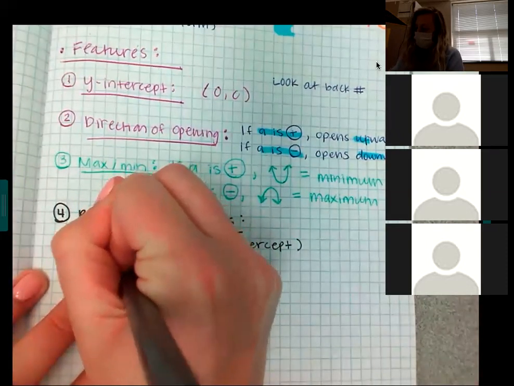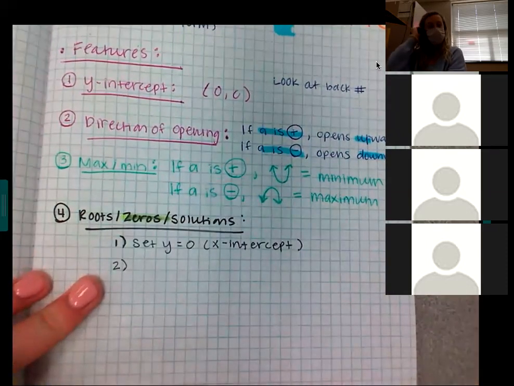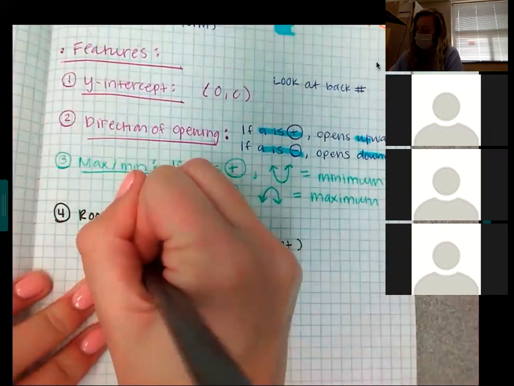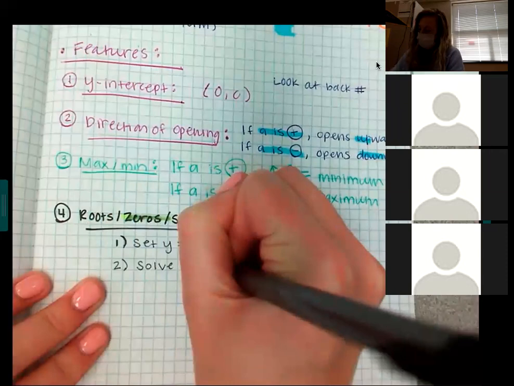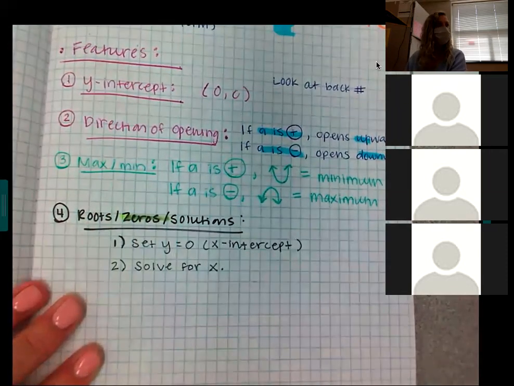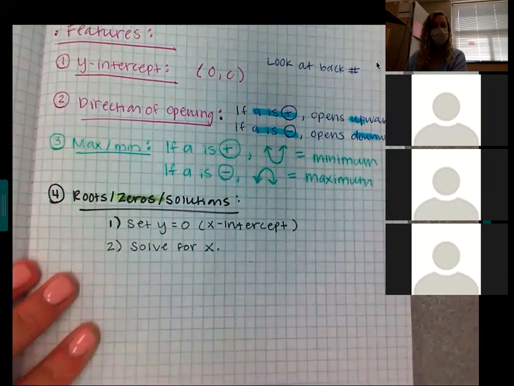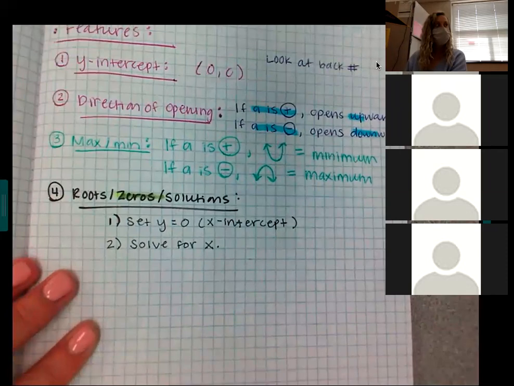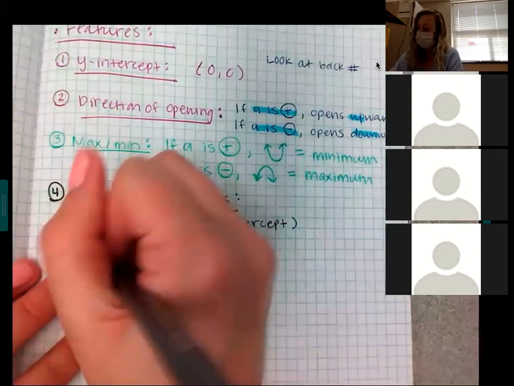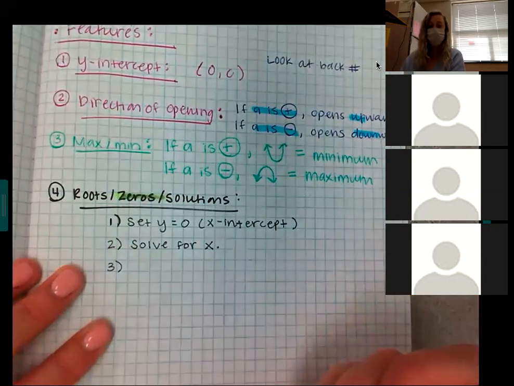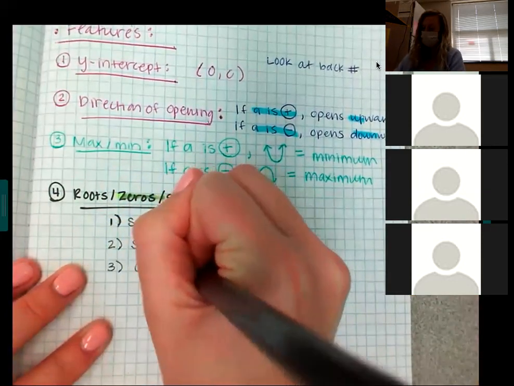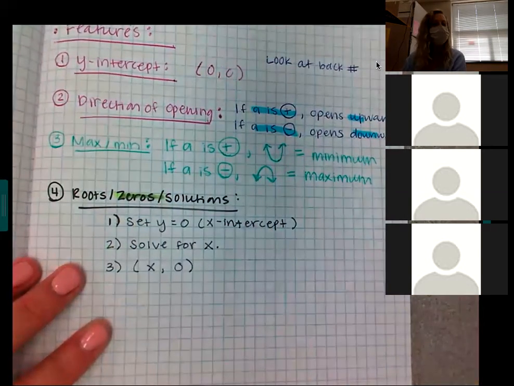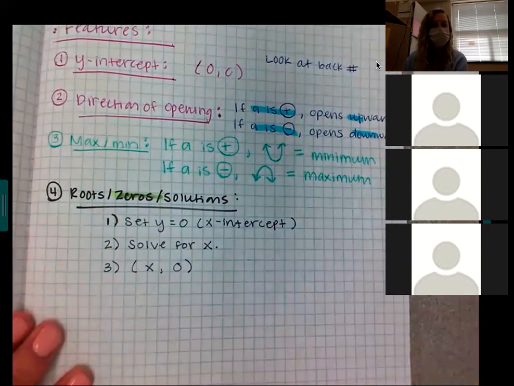Then once you set y equal to 0, you're going to solve for x. Then once you solve for x, you should have ordered pairs, whatever x is, and then 0 behind it, because it's an x-intercept, so the y should be 0.